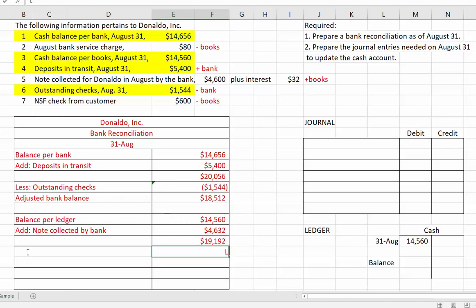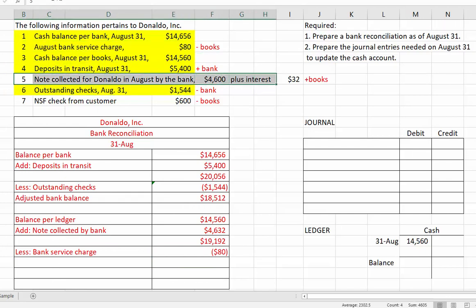And then we're going to say less. Whoops, my less is in the wrong place. Less. All right, so the things that we said we were going to subtract: bank service charge and the NSF check. So bank service charge is $80. We did the note, so let's highlight that.